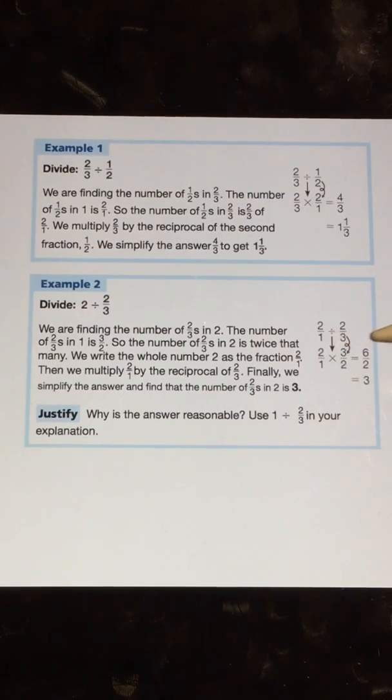So 2 times 3 is 6. 1 times 2 is 2. Well, we need to divide the 6 by 2, and our answer is 3. All right, there are 3 2/3 in 2.